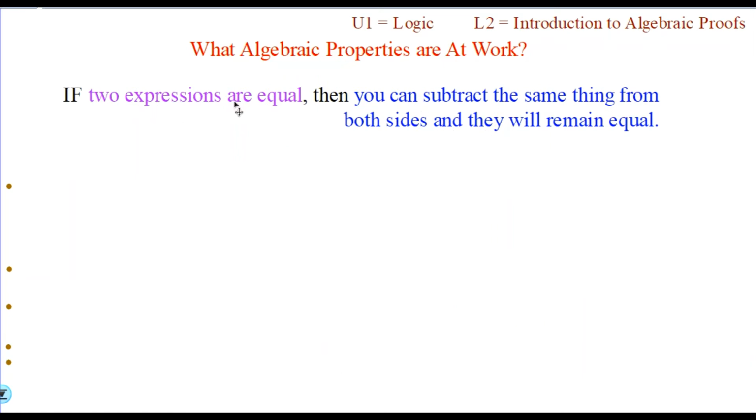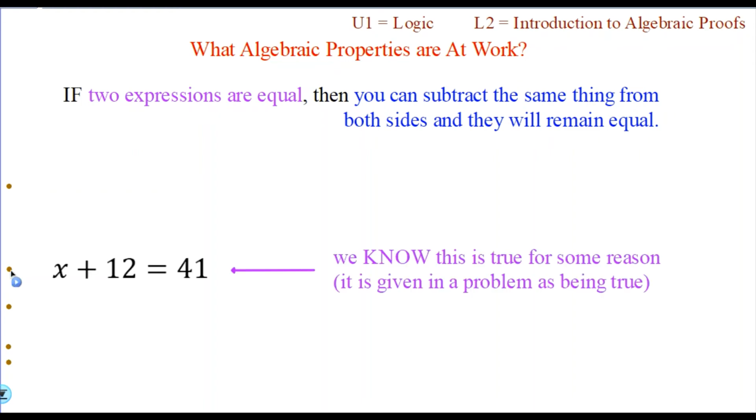Here we have if 2 expressions are equal. So for example here, we know these 2 are equal because they're given to us for some reason. We can subtract the same thing from both sides. Right? We want to get rid of this 12. The idea is to get the x by itself. So to get rid of the 12, we've got to subtract 12 from the left-hand side.